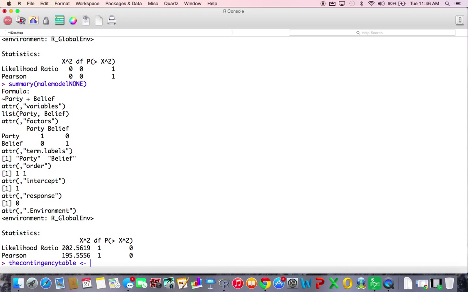All right, so I'm going to call this the contingency table. I'm going xtabs just like I did before, but I want belief plus gender plus party, and I want my data equal the full data set.